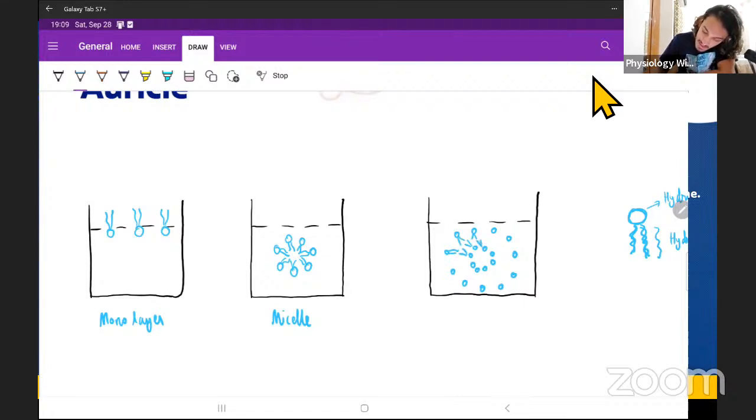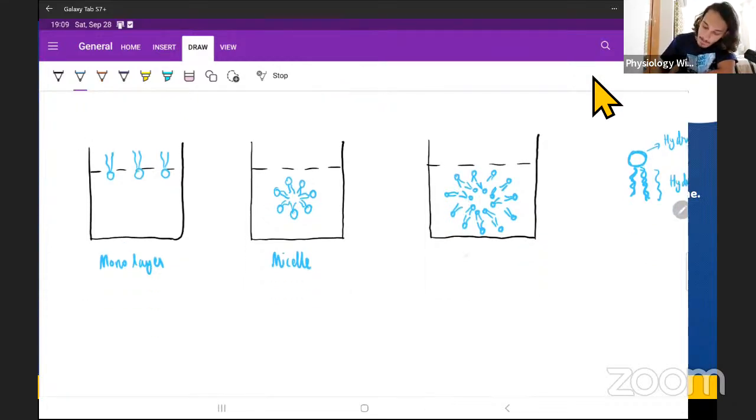So what is going to happen instead? The phospholipids' polar ends will be touching water, and the hydrophobic fatty acids will be put right in the center. So this is a bilayer formation. In physiology, in your body, actually all three of them are present, if you think about it.